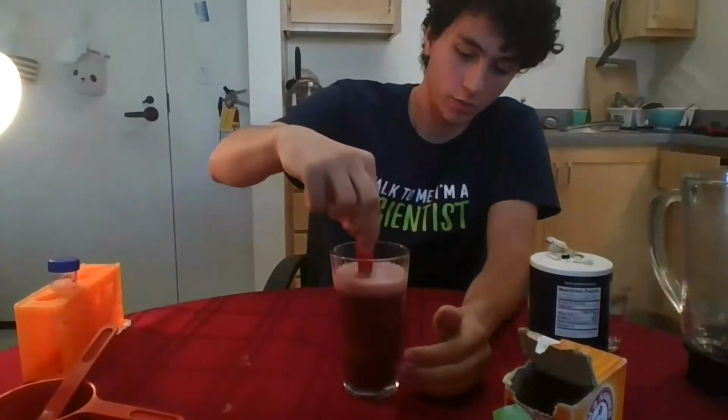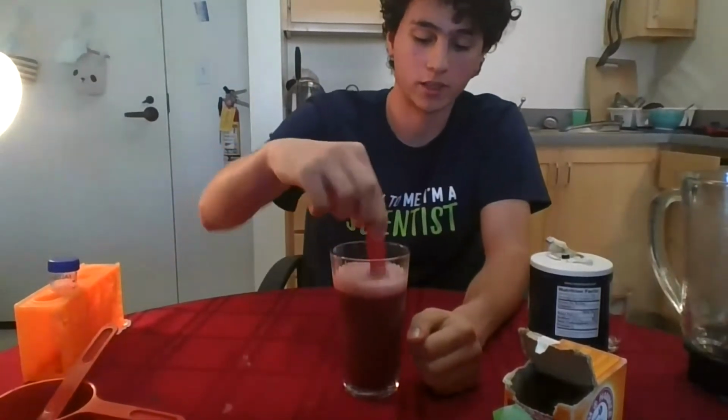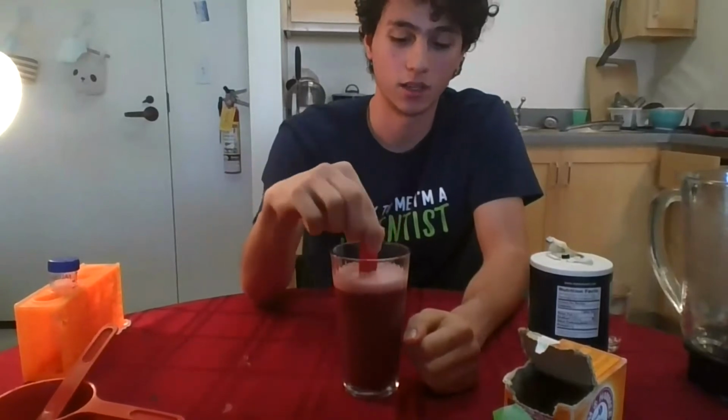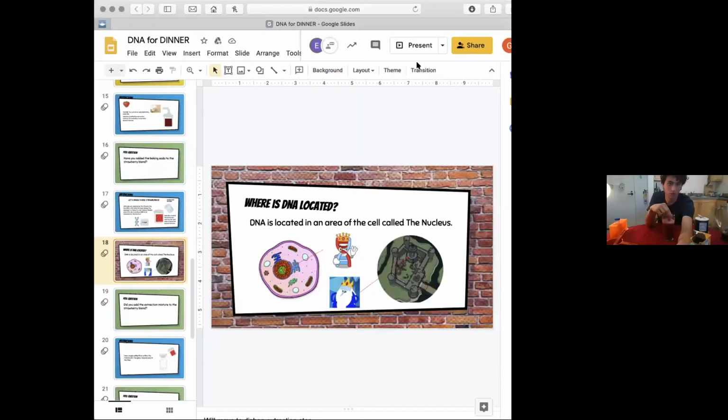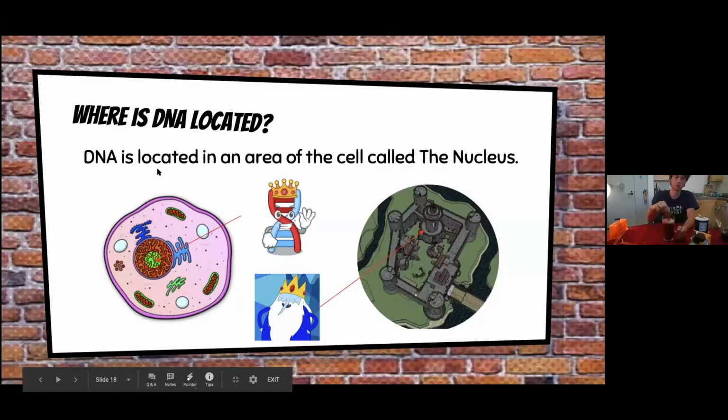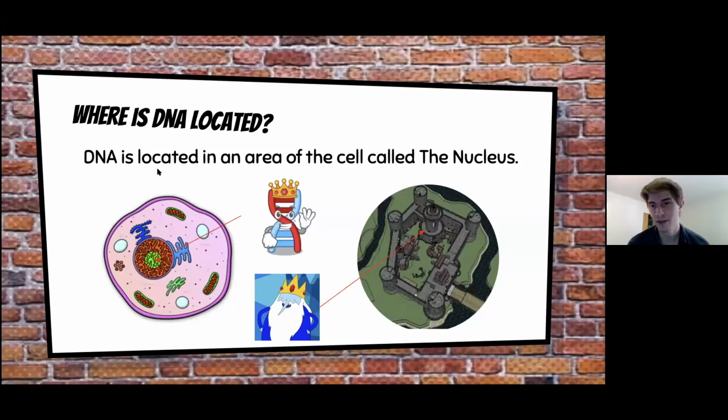As we stir it, maybe Matthew can talk about why we are adding the extraction mixture and what it's accomplishing. Yeah, so you might wonder why we just added soap. That's a rather strange ingredient. You can think of DNA as a king in a castle. It's the master molecule within a cell, and it is contained inside the cell in a structure known as the nucleus, which is like the castle.